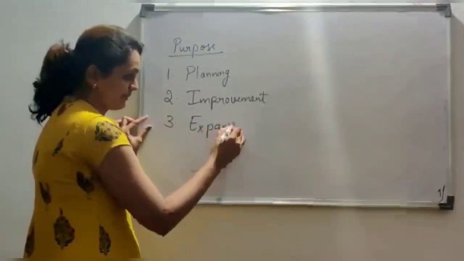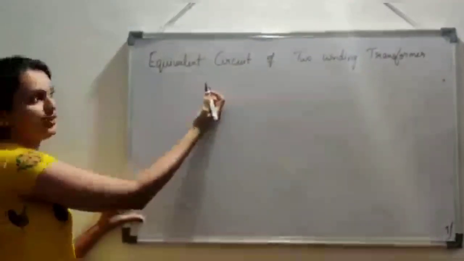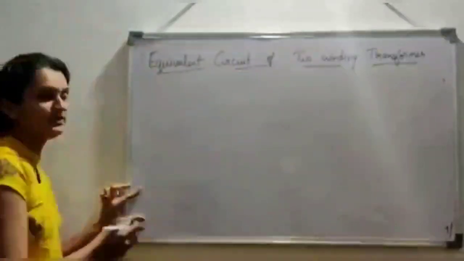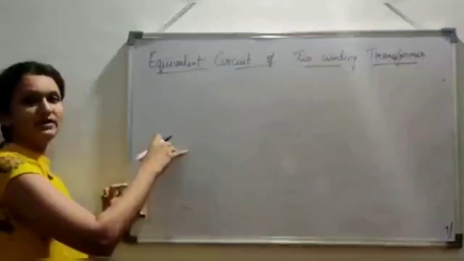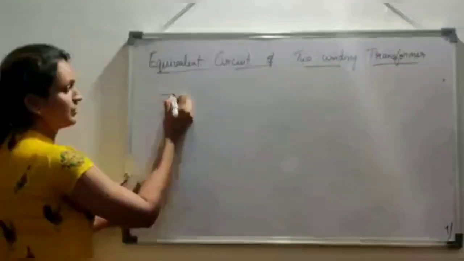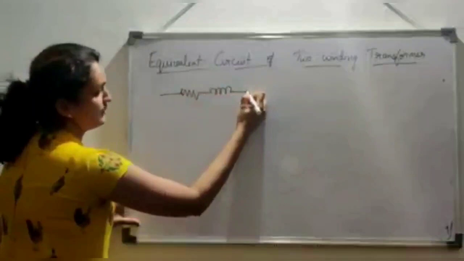expansion of the system. So next is the equivalent circuit of a two-winding transformer. When you are considering a two-winding transformer, you must either refer to the primary side or refer to the secondary side and draw the equivalent circuit. So first let me draw the circuit of the two winding transformer.